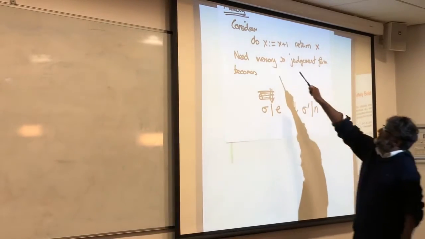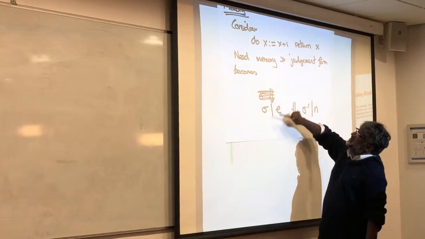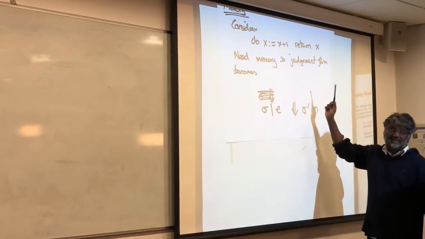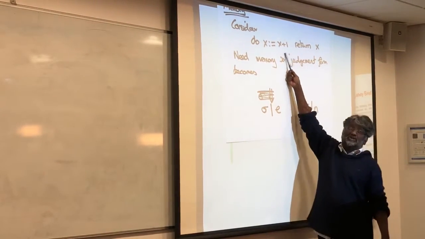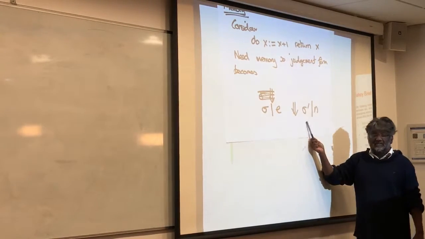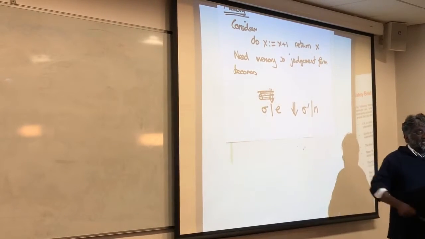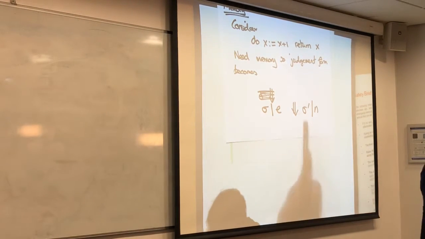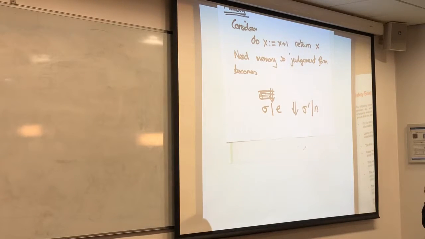So you see in this example here, yeah, we'll get a number. So if the memory says x is 7, first we'll make x 8, then we'll return 8. But also, the memory has changed. x will no longer be 7. So we get a new memory. And we'll have to track how the memories change. If we're doing x equals x plus 1, x equals x plus 2, then as x changes, we need to track that. So that's why we need to record the new memory.